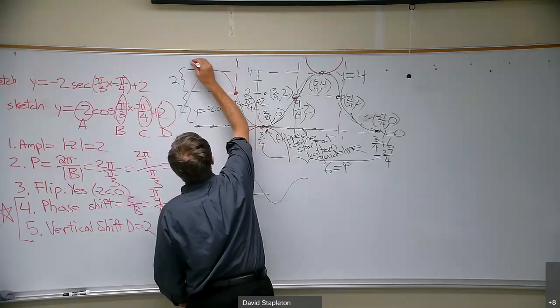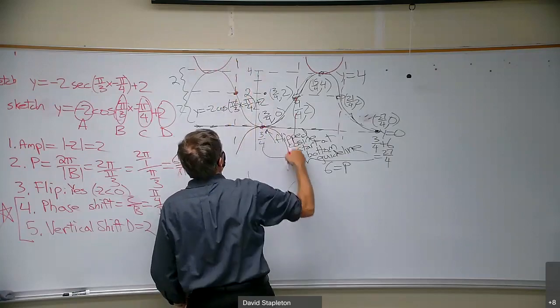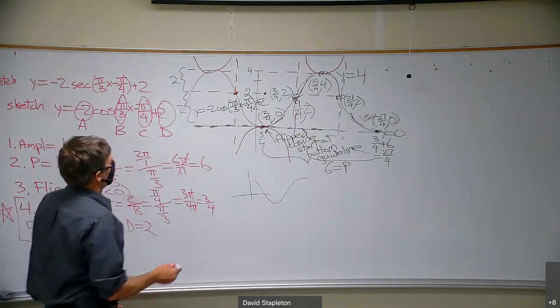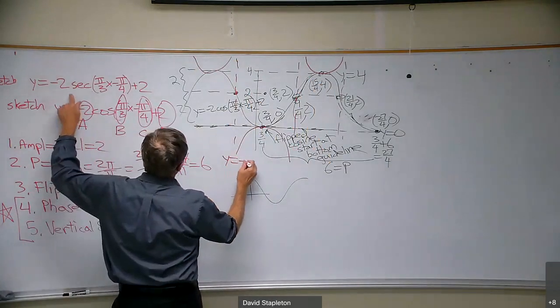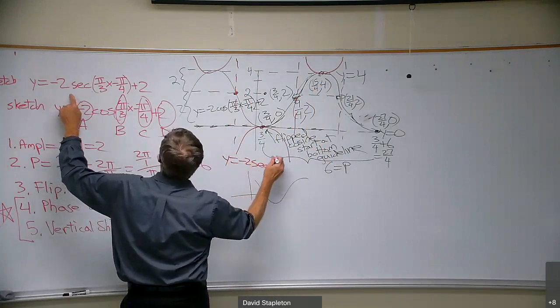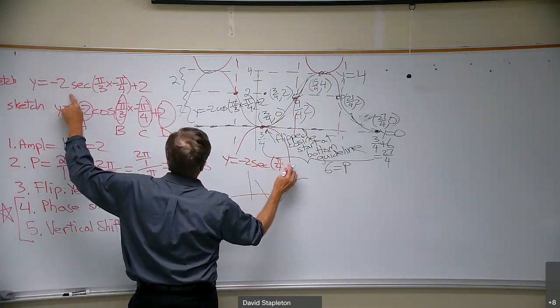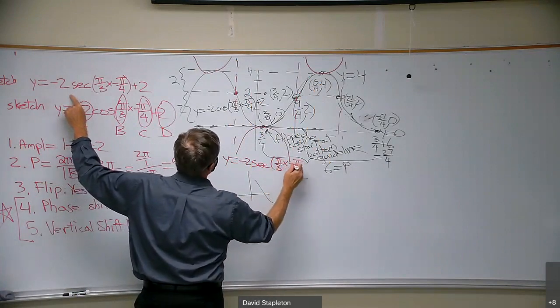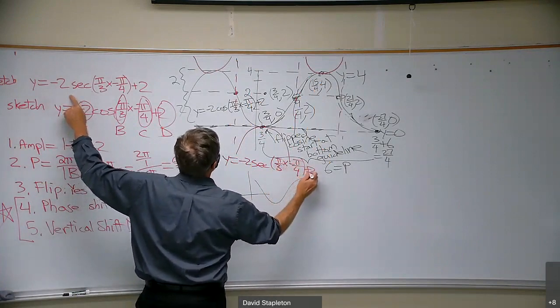And so it'll be a U shape up, U shape down, U shape up, U shape down. This is the graph that we wanted in the first place. Y equals -2 secant pi over 4, not 3x, minus pi over 4 plus 2.